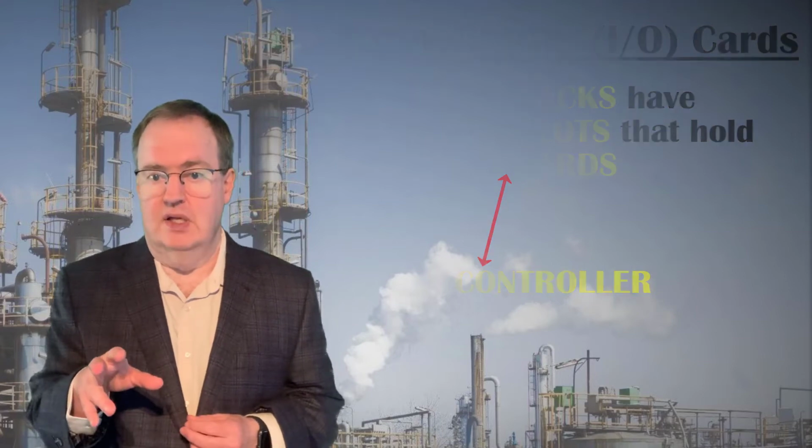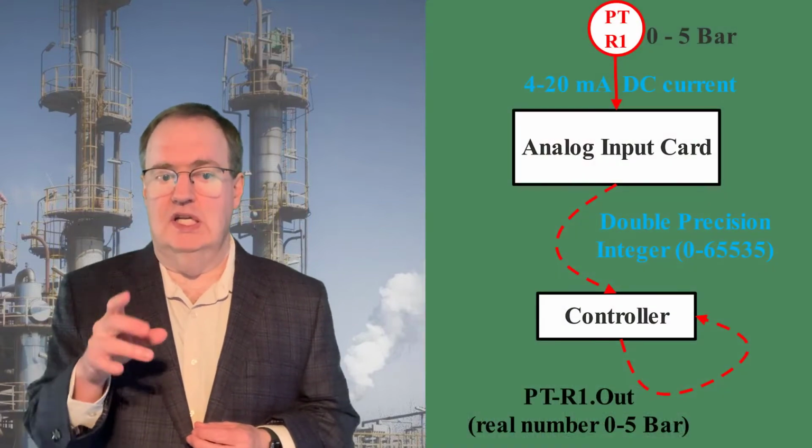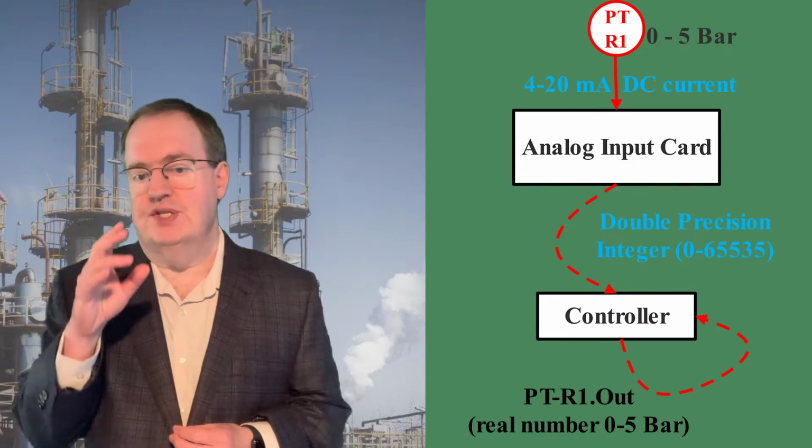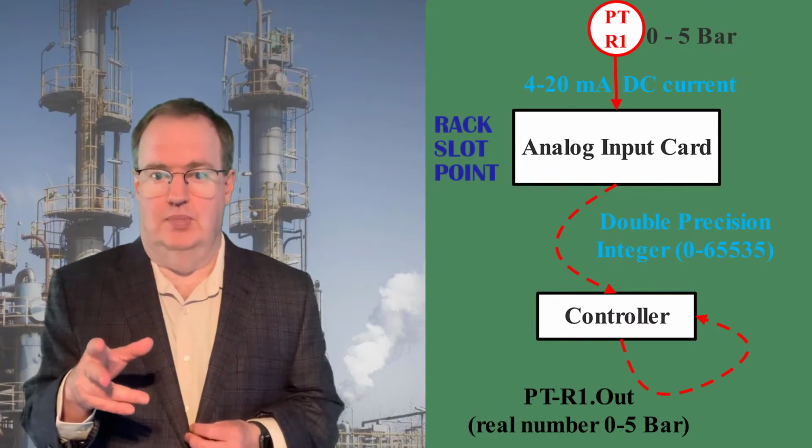See the text. When signals arrive or leave a controller for a rack, they carry an address which specifies rack, slot and point number.